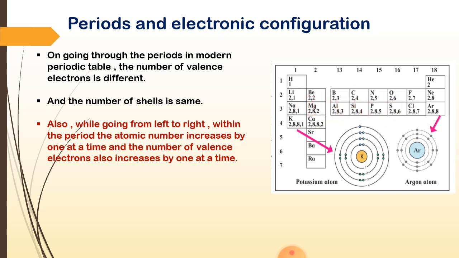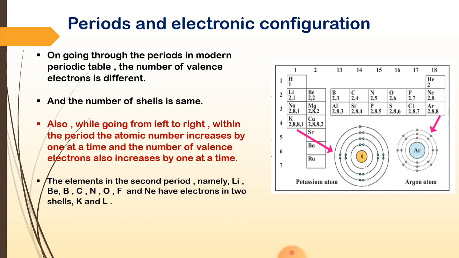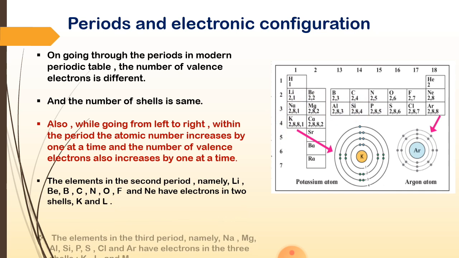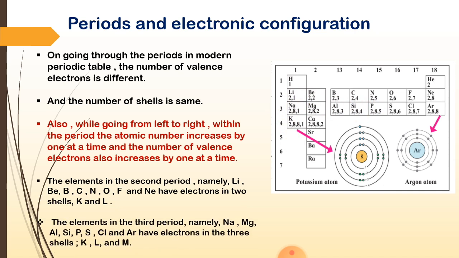The elements in the second period, Li, Be, B, and so on, have electrons in 2 shells, that is K and L shell. Then the elements in the third period have electrons in 3 shells.